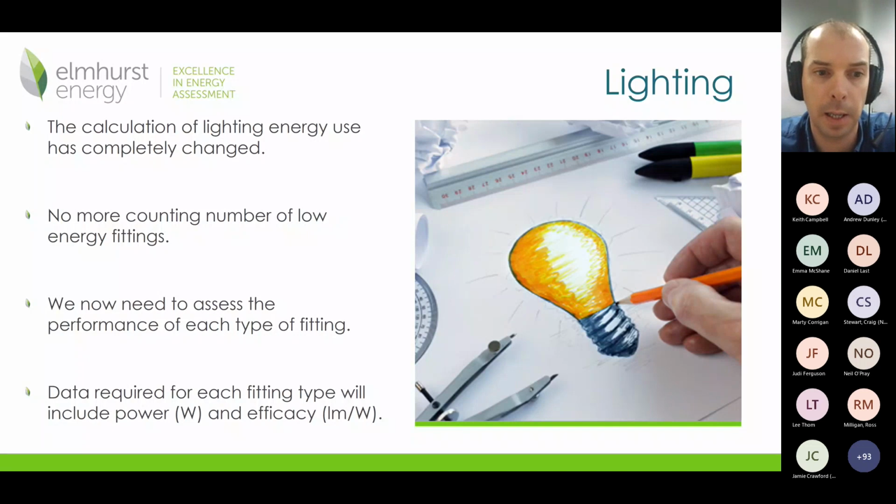So now the energy assessor has to find out the performance of each individual fitting, including its power and its efficacy, as we call it. So different types of light fittings will have different performance, and we have to enter all of that information into our SAP assessment. And that gives a much more accurate calculation of lighting energy demand than what previous versions of SAP used to do. It does mean a bit more information gathering for the SAP assessor, developer, and unfortunately data entry as well.